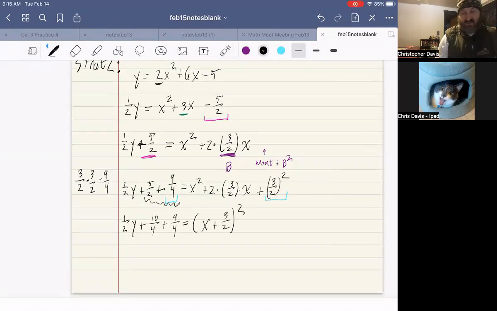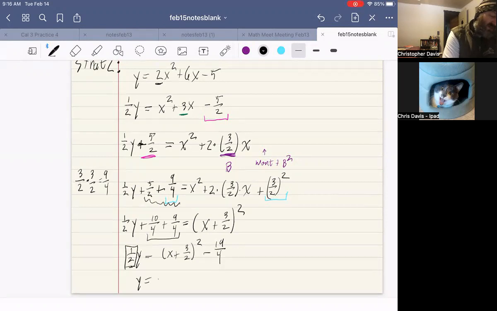So at this point, the square has been completed. All of this is 19/4, so let's subtract that to the other side. 1/2 y equals x plus 3/2 quantity squared minus 19/4. Multiply both sides by 2 to get rid of the 1/2.